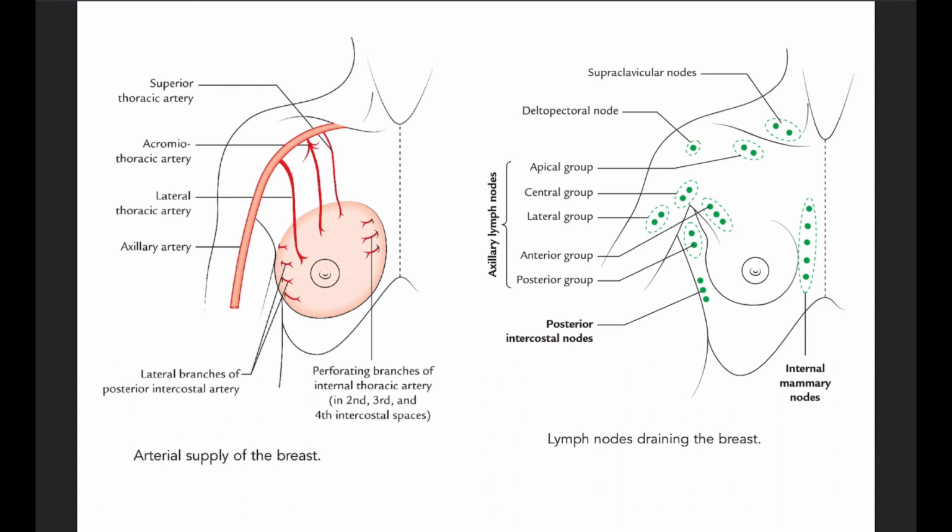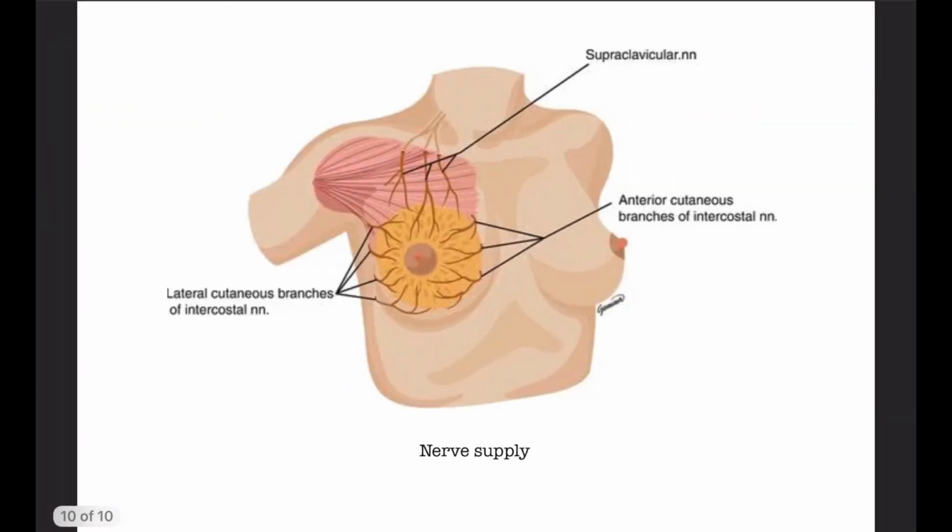Now the nerve supply of the breast. The nerve supply of the breast is primarily somatosensory. It is derived from the second to sixth intercostal nerves through their anterior cutaneous and lateral cutaneous branches.